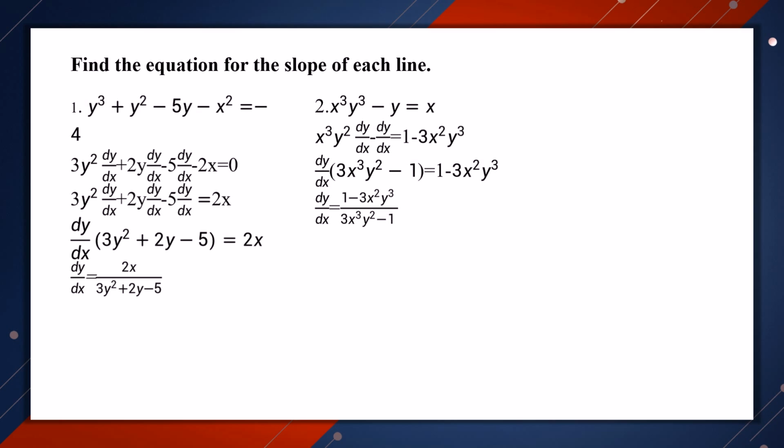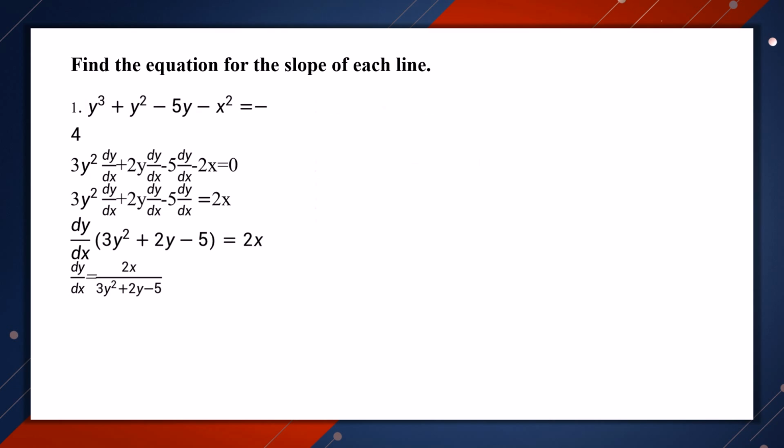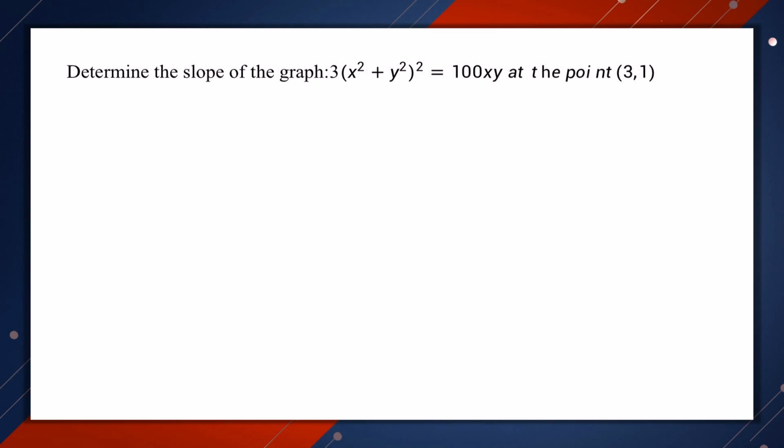Then we can get dy over dx times 3x cubed times y squared minus 1 is equal to 1 minus 3x squared times y cubed. Dy over dx is equal to 1 minus 3x squared times y cubed over 3x cubed times y squared minus 1.